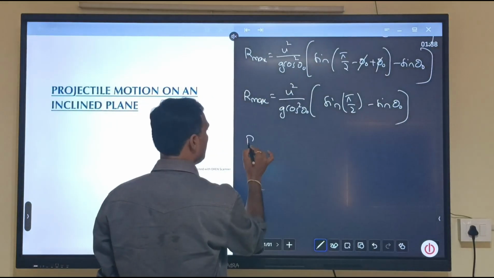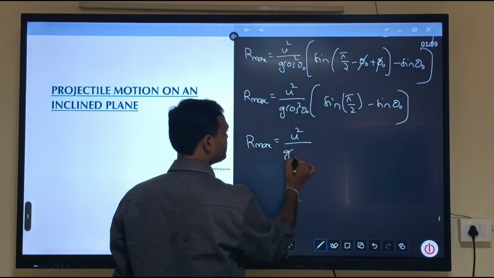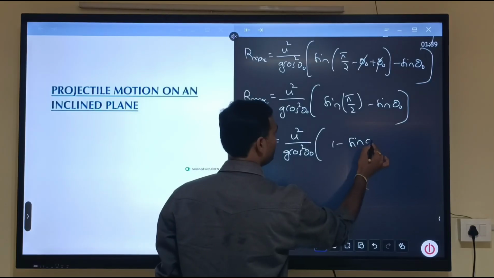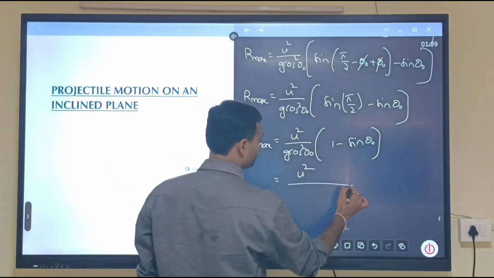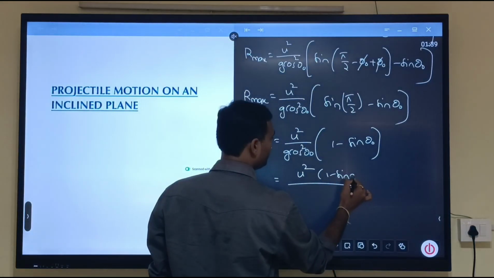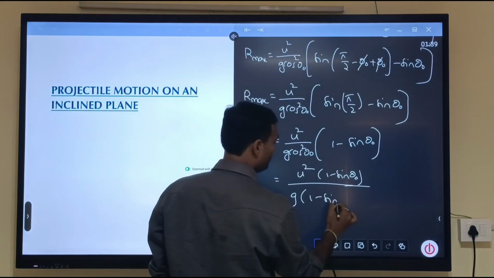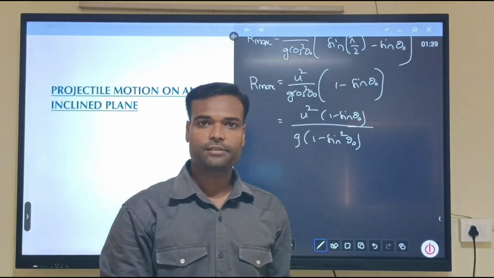Then R max is equal to u square by g cos square theta naught, (1 minus sin theta naught). And now I can rewrite it as 1 minus sin theta naught by 1 minus sin square theta naught, since sin square theta plus cos square theta is equal to 1.